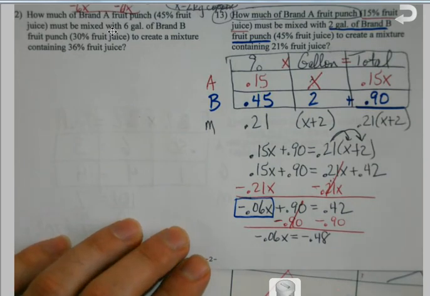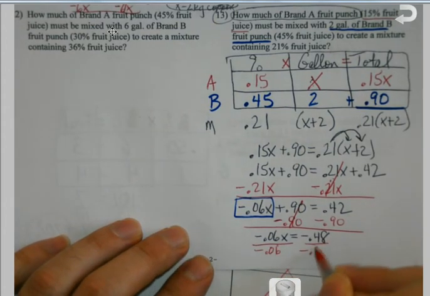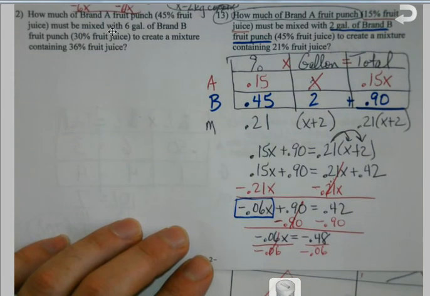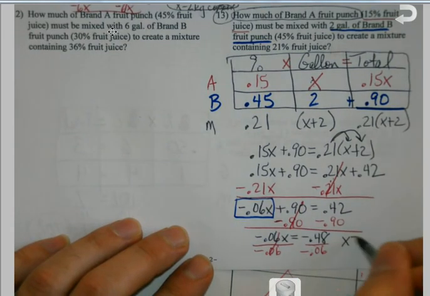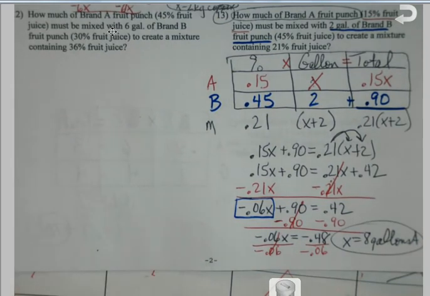And what's that last step going to be then? Divide. X ends up being 8 gallons of brand A. And we're good.